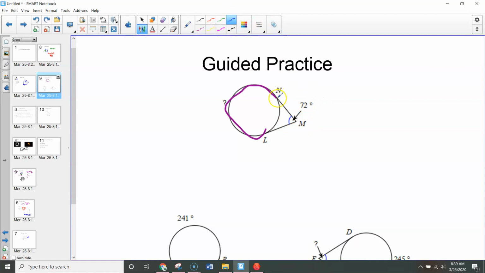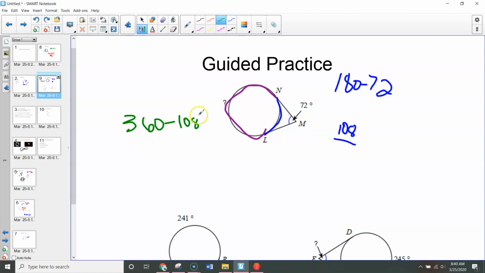So first, I find this, which I know is 180 minus 72, which gives me 108. So that's my first step. Now I need to do 360 minus my answer, which is 108. And this gives me 252.